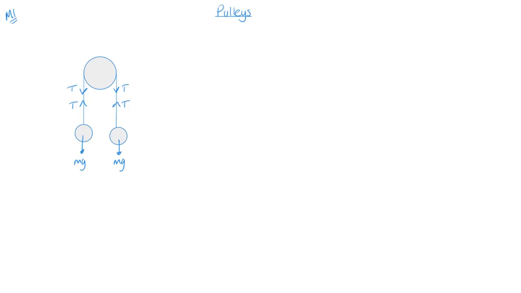They could be two different masses, so call one m and call one capital M. And then sometimes we also have the force of the pulley being attached to some sort of ceiling or beam or something like that. Okay, and then depending on which direction of motion it is, they usually start at rest, so they're held in place.